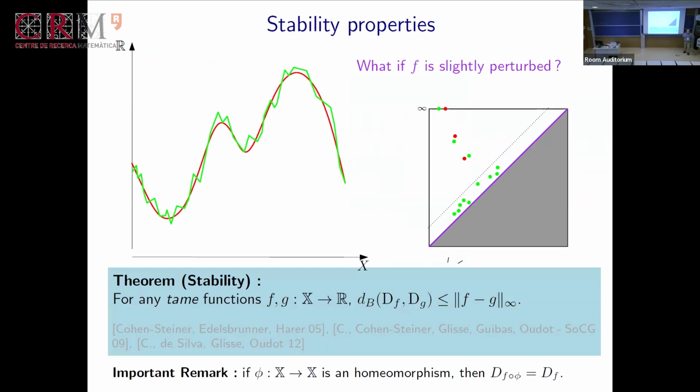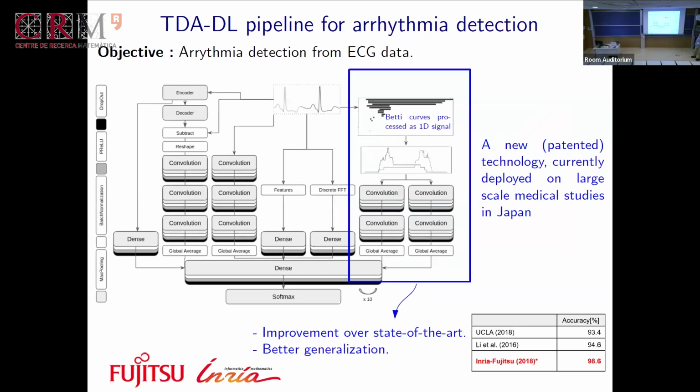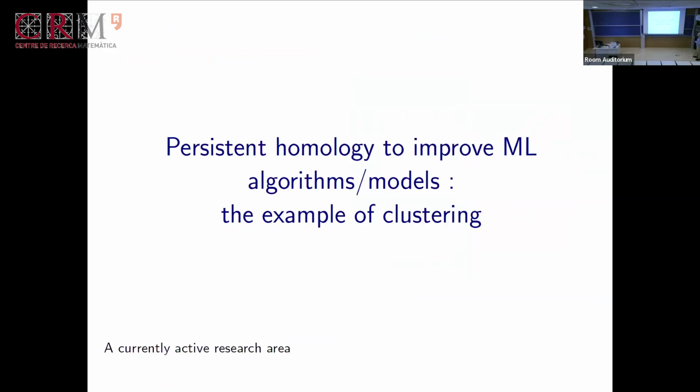So when you look at the pattern of the heart rate, if you use persistence, it's intuitively not sensitive to your heart rate. So I just wanted to illustrate a little bit how it was used. Feature engineering, so using persistence as a feature, was, I think, the initial way that persistence was used in TDA or machine learning.